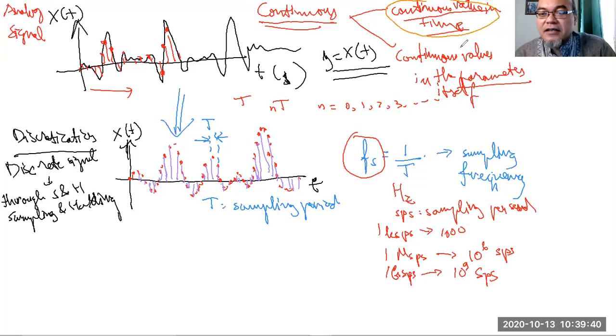Some values in the real analog data are gone, which are the values between the samplings. How to reduce this? Of course, you increase the sampling frequency or reduce the sampling period so that sampling happens more often per unit time. However, this comes with a cost. More energy will be required.